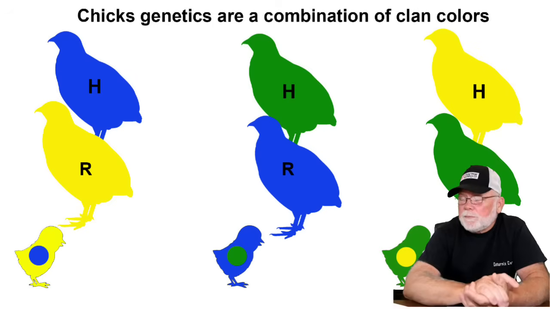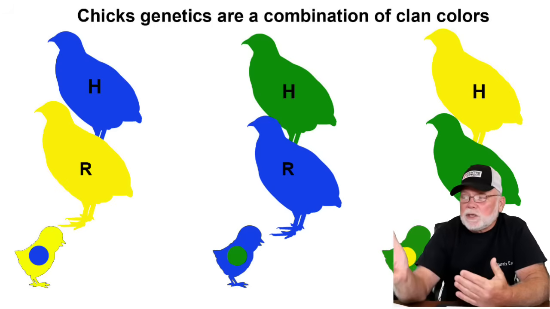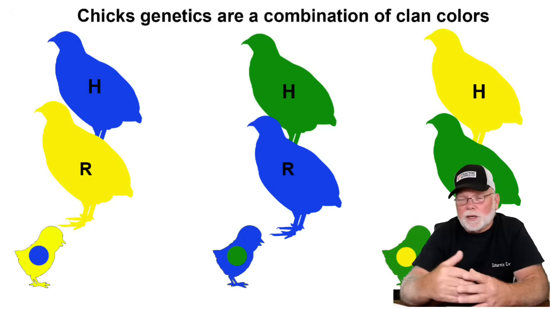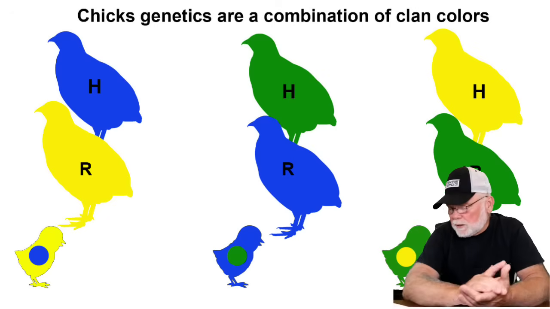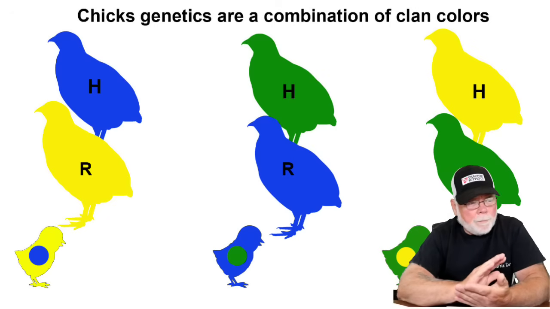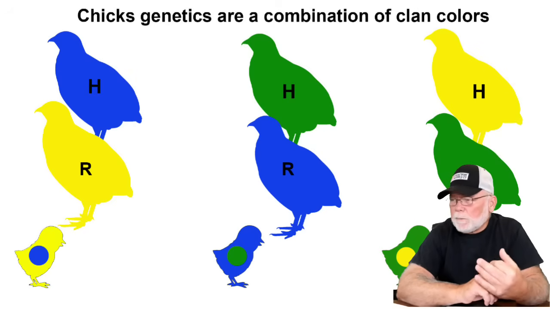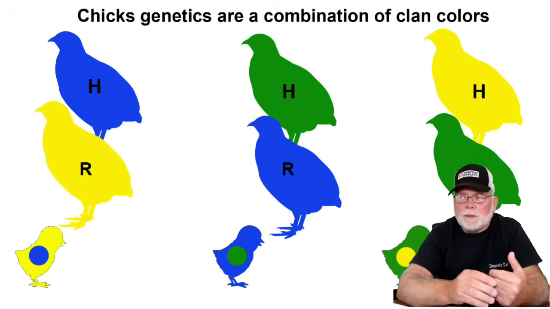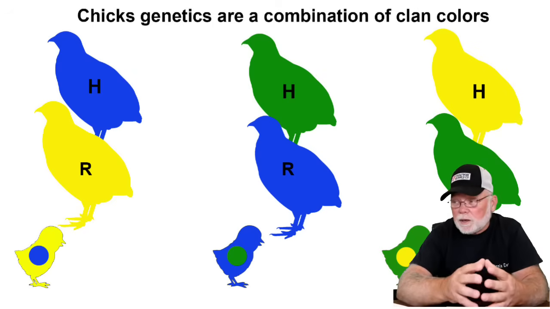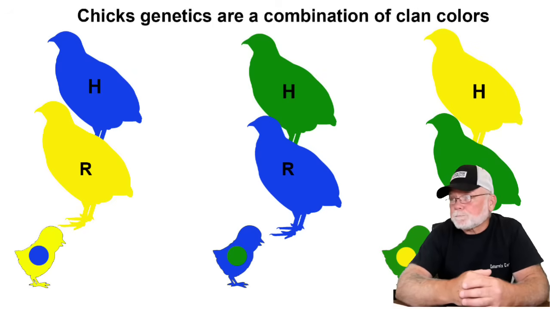And then the green hen, her chick is considered to be in the green, but she's also carrying genetics from the blue. So you can use that in your record keeping. It's just going to help you to be able to identify what birds have been bred with what groups and what roosters.